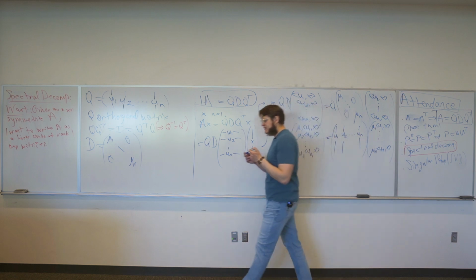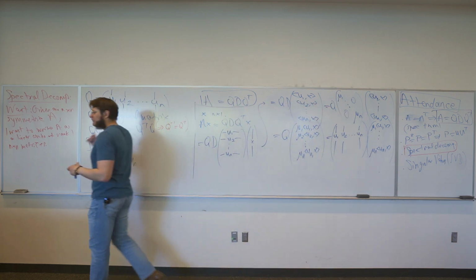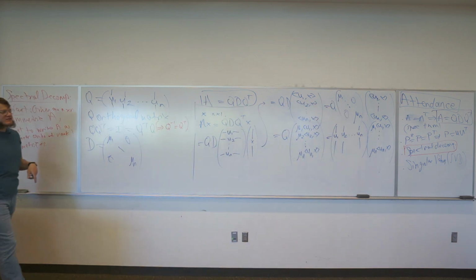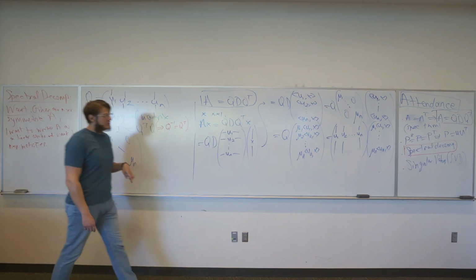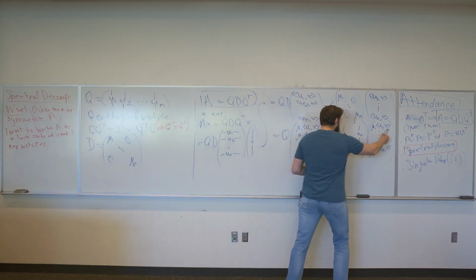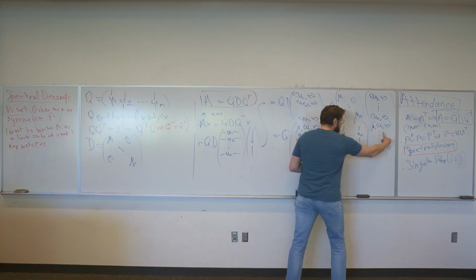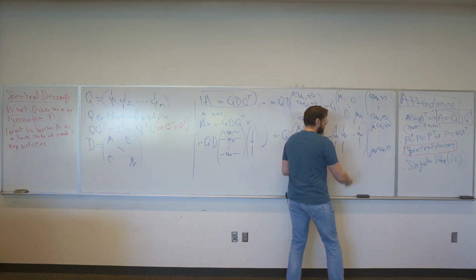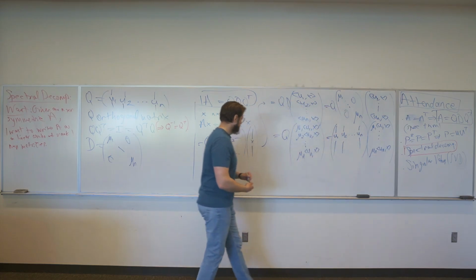But then I can think of that matrix vector product as a certain linear combination of the columns of Q. I can take these scalars, and think of the first as a scalar of u1, the second scalar as a scalar of u2, and so on, and I would add all of them up, and that would be the outcome.